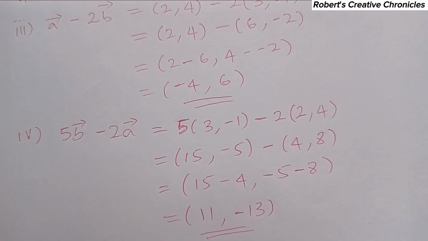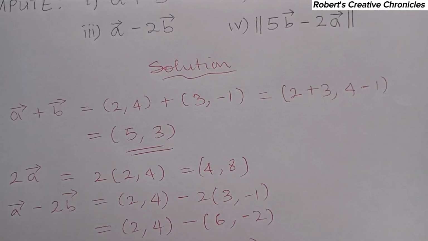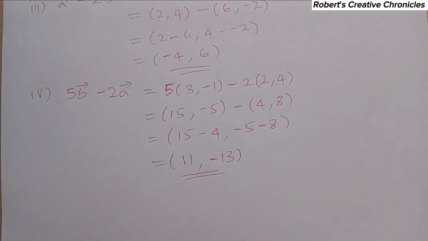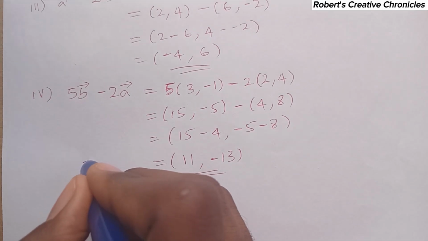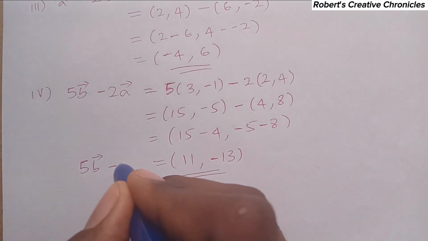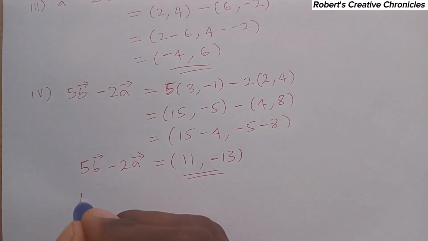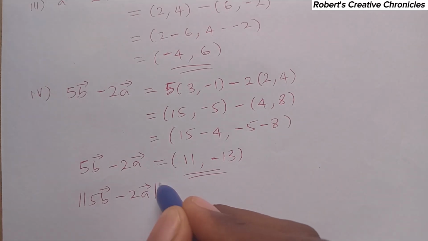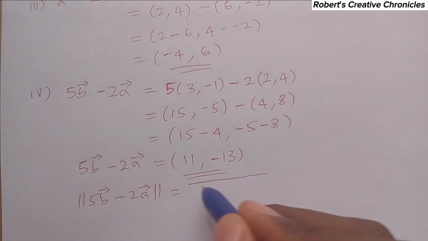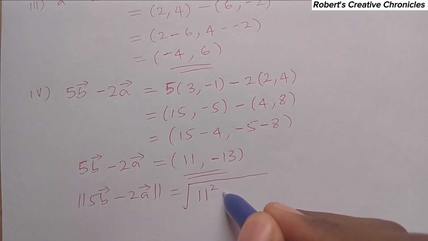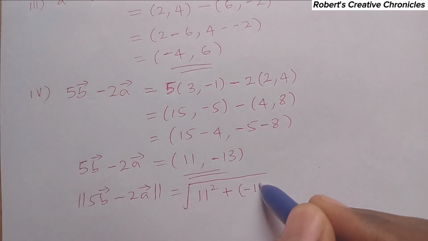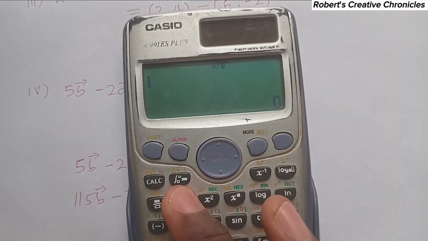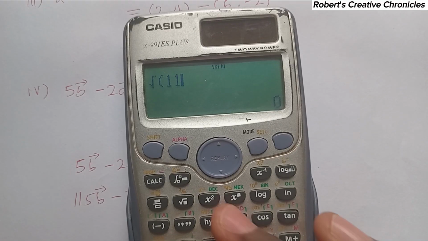These two brackets mean magnitude. So now the magnitude of 5B minus 2A is equal to the root of 11 square plus minus 13 square. So this is what? 11 square.